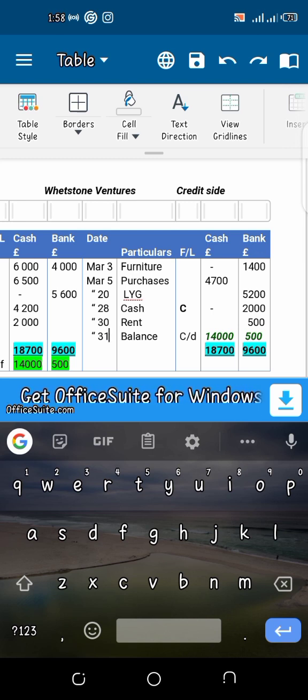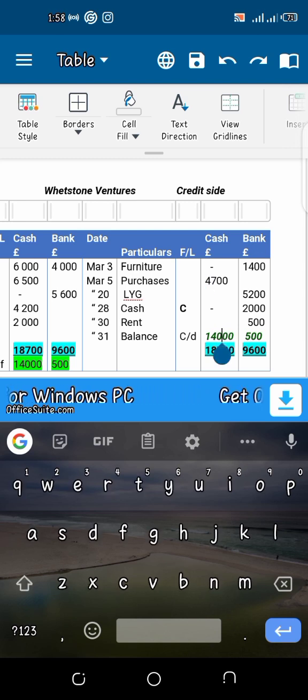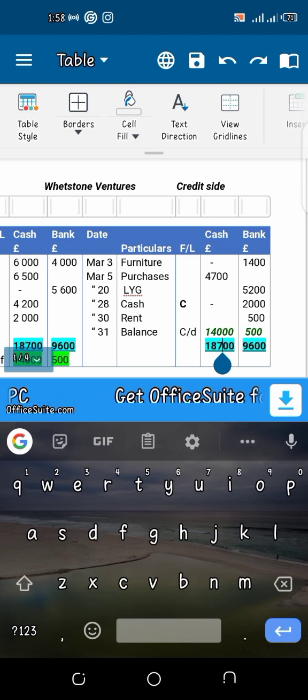So 18,700 less 4,700, the difference is £14,000, and that is written in March 31st, balance carried down 14,000. So when 4,700 is now added to 14,000, it also gives us a total of 18,700.